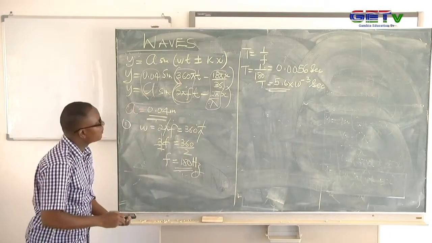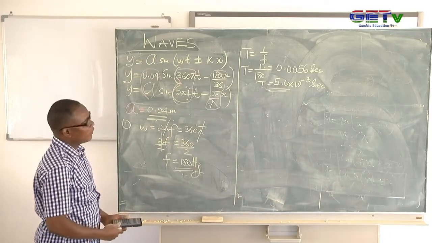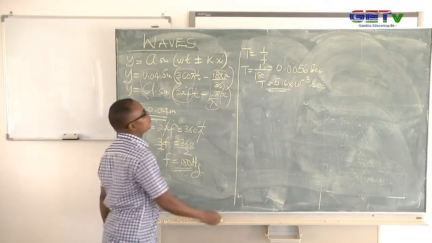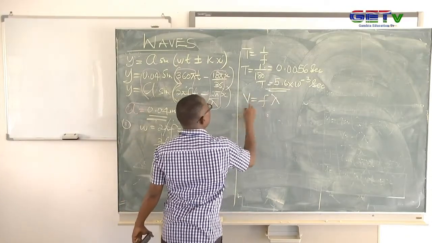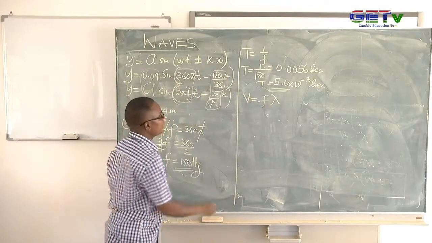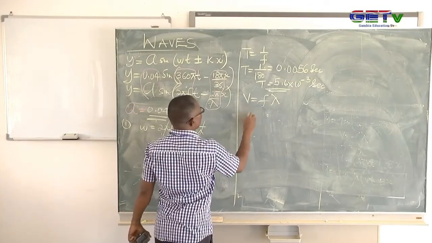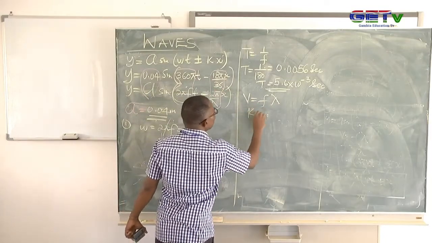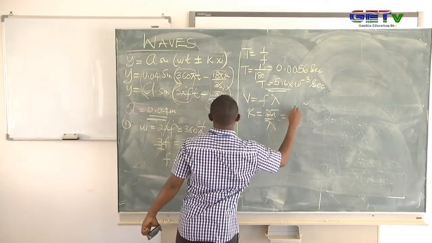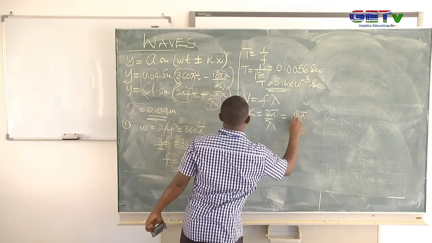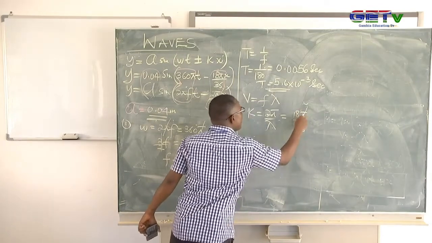Now we look at the next one. It says find the speed of the wave. The speed of the wave is given by frequency times lambda. So we need lambda, and you can get lambda from k. k is 2 pi over lambda, and you compare, you have 18 pi over 36. The pi will vanish with pi.